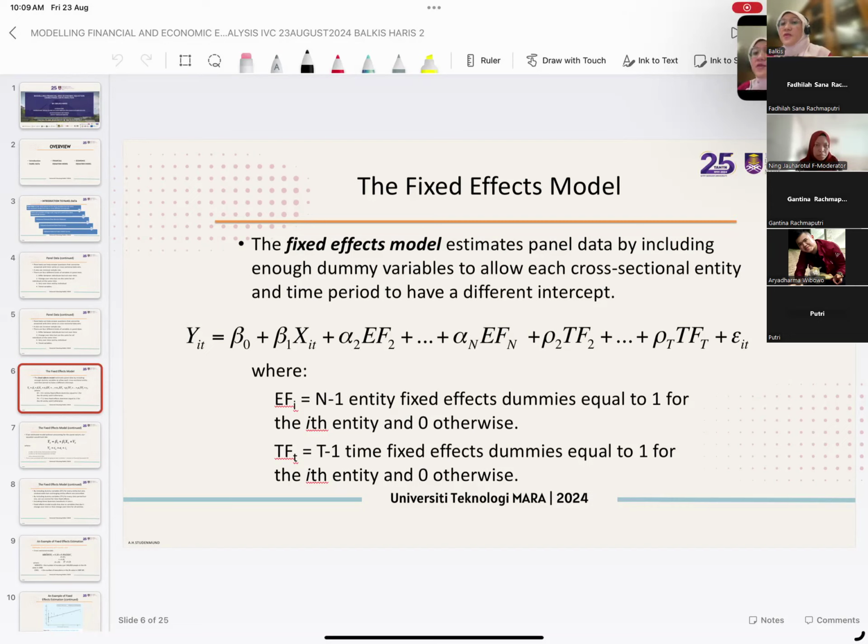Because it involves several entities and time effects, it is known as panel data. Different intercept means that it has a different beta 0.